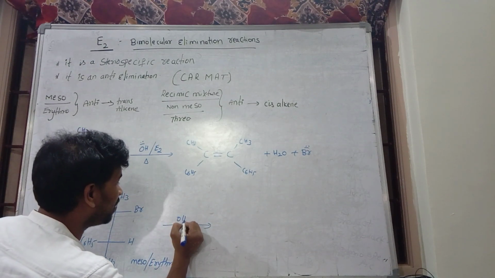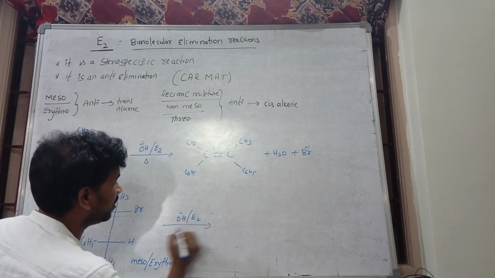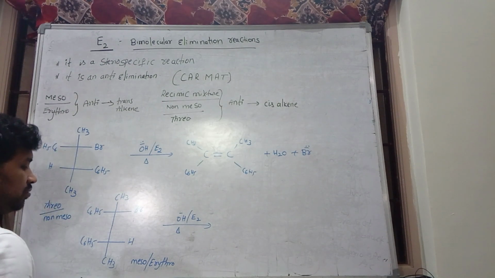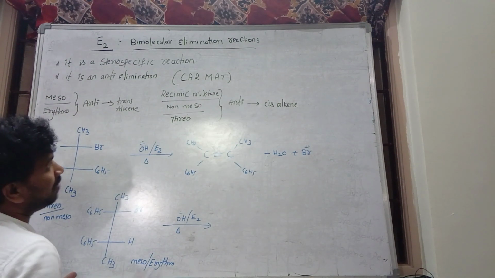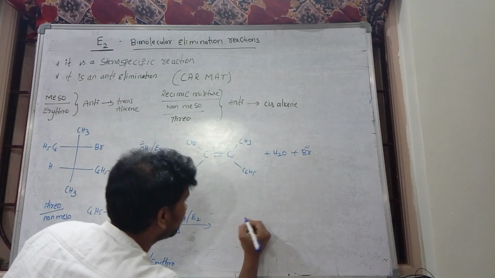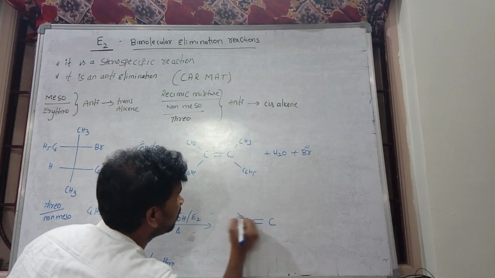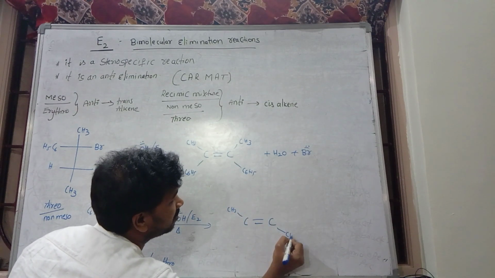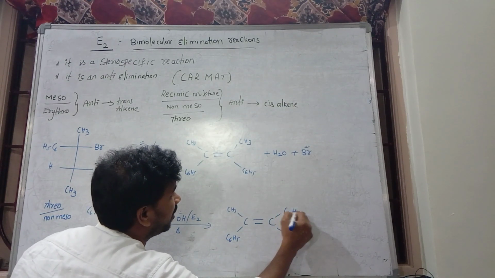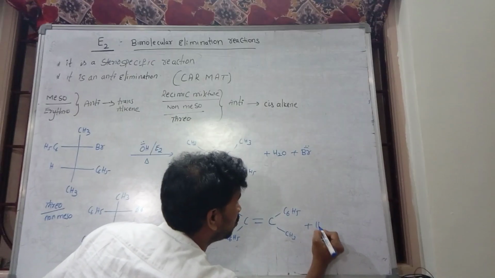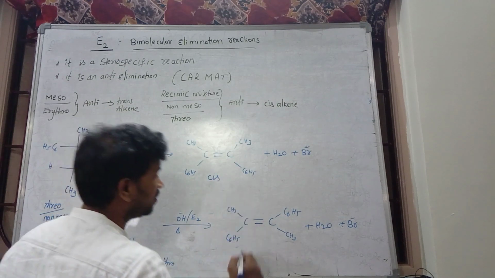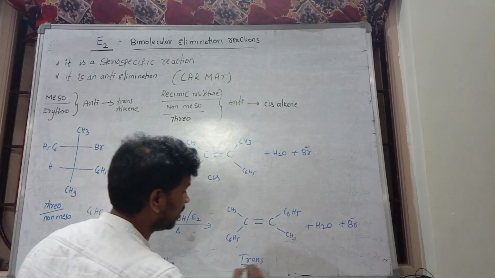If we treat this with OH minus, it goes for E2 elimination at high temperatures. Therefore, we know MAT. MAT means meso anti-trans will form. Trans means C double bond C, CH3, C6H5, plus H2O, plus Br minus. This is a cis alkene. This is a trans alkene.